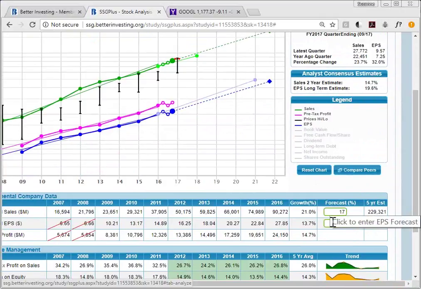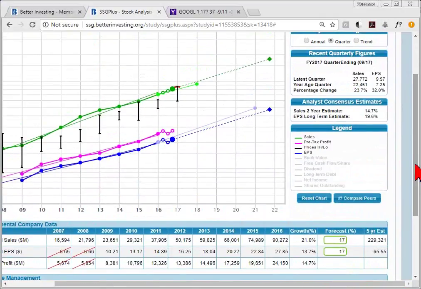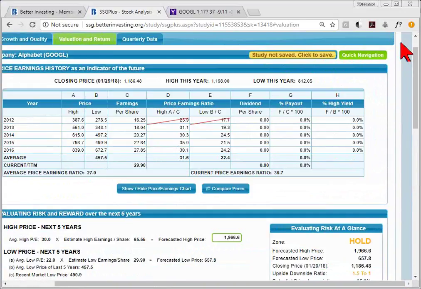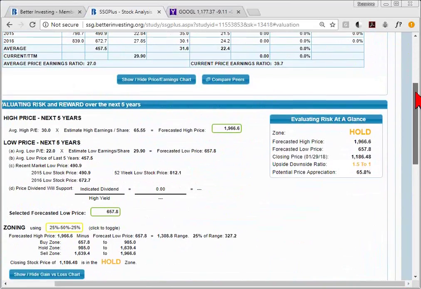We put in 17% as our earnings forecast 5 years out, if we're projecting from our recent quarter, when we start here, we project all the way out. That works out to be 65.55 or 56, a penny off. That's that number. And it gets transferred into our stock selection guide to be used for the valuation calculation.